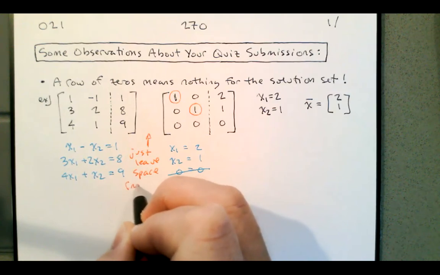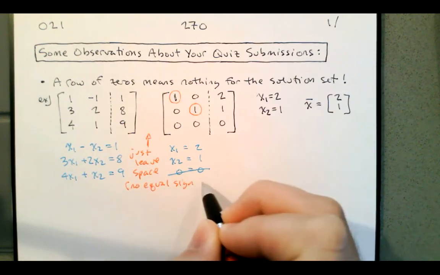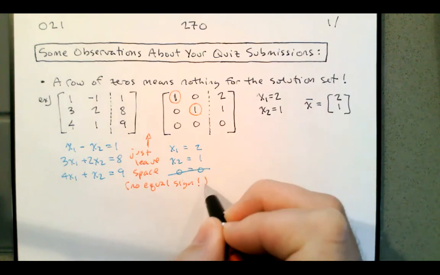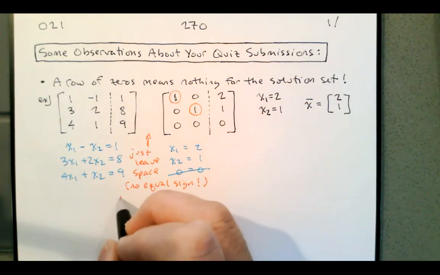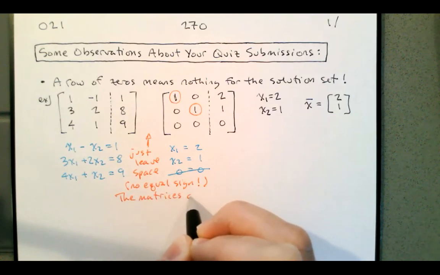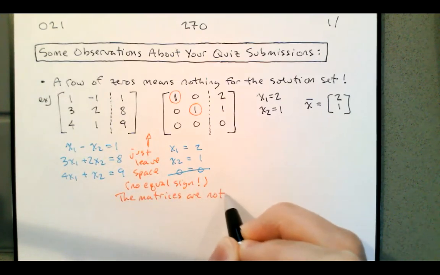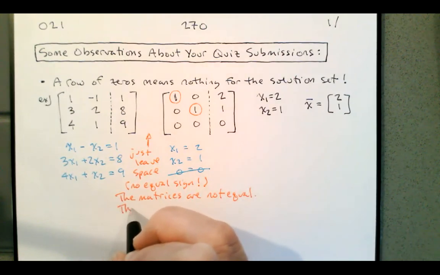What I mean is no equal sign. The matrices are row equivalent, not equal. The matrices are not equal. They are row equivalent.